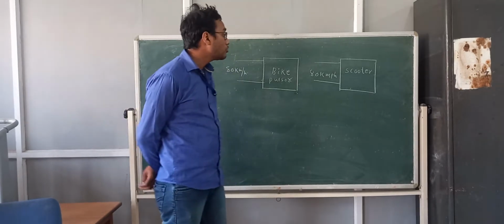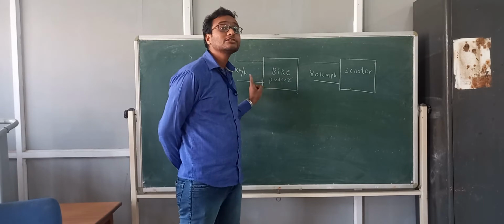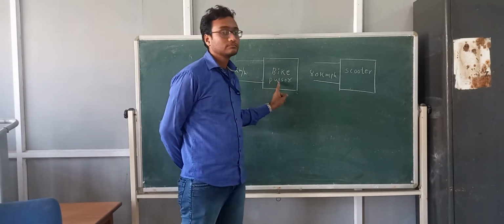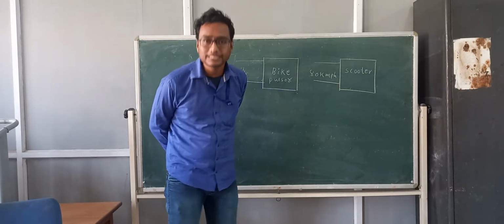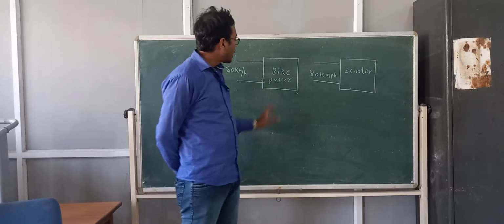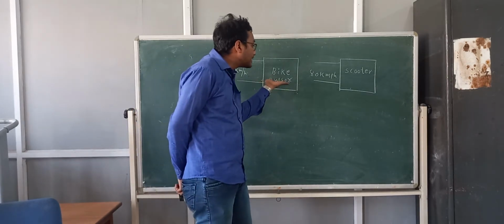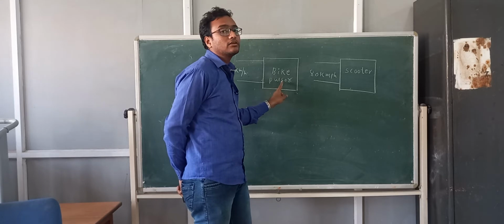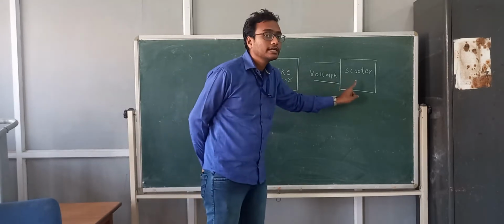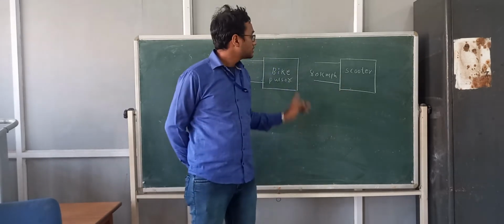In how much time the bike will attain that speed depends upon the system parameters, or not? Yes. After how many seconds it will attain 80 kilometers per hour depends upon the system parameters.